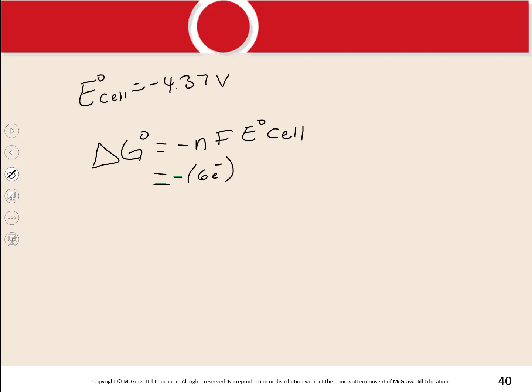All right, what is F? Good. 96,500. That's the Faraday's constant, and that's in joules per volt mole of electrons.